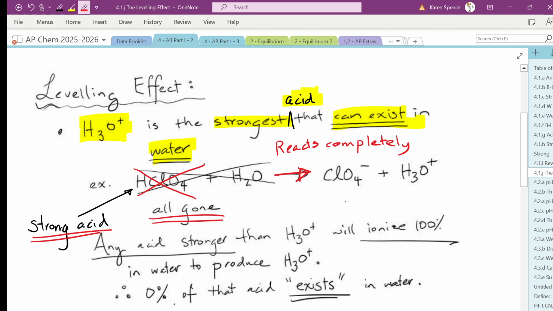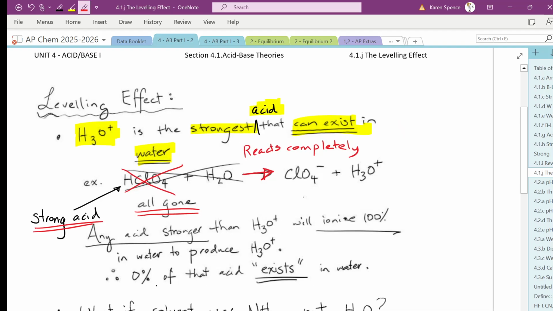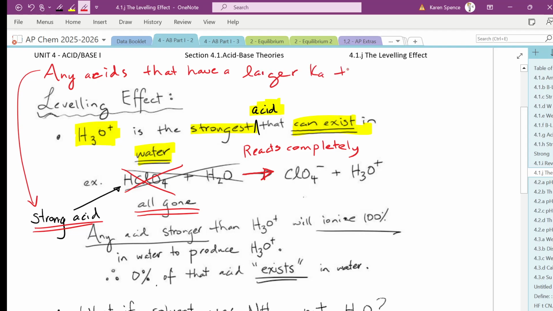So any acid that has a larger Ka than H3O plus, so strong acids are any acids that have a larger Ka than H3O plus.